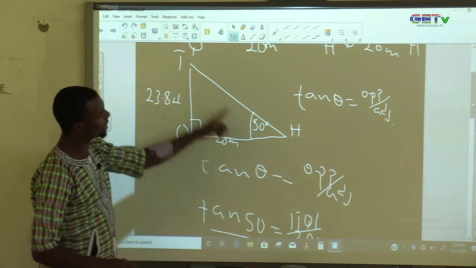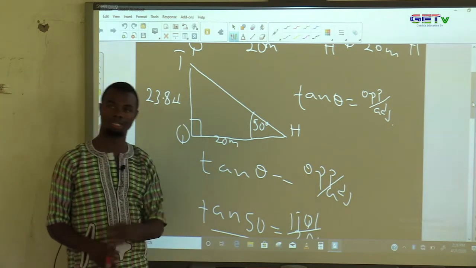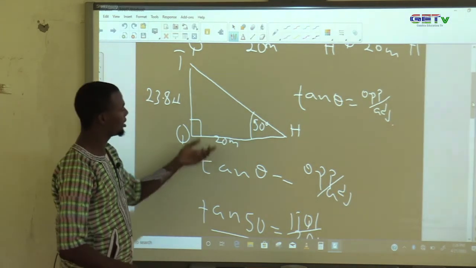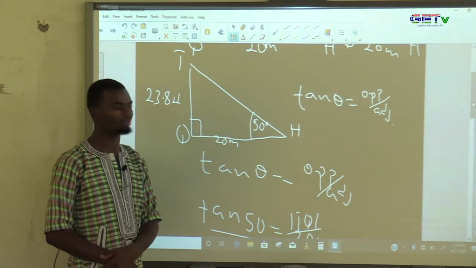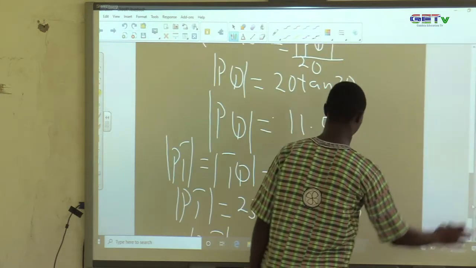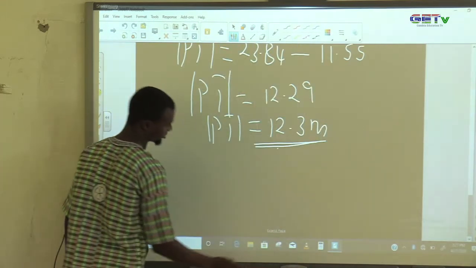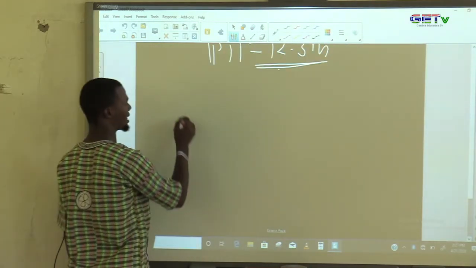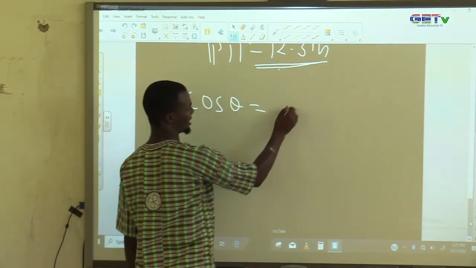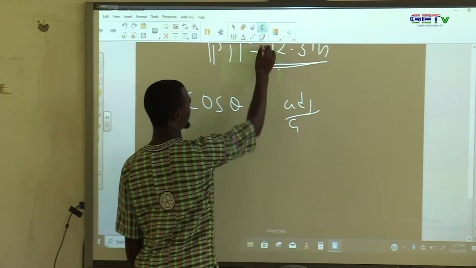To find this other one, we have many ways to do that. You can use the Pythagoras theorem, and you can use the trigonometric ratios. Let's use the trigonometric ratio. So we have the right angle triangle, and we can say cos theta is equal to adjacent over hypotenuse.